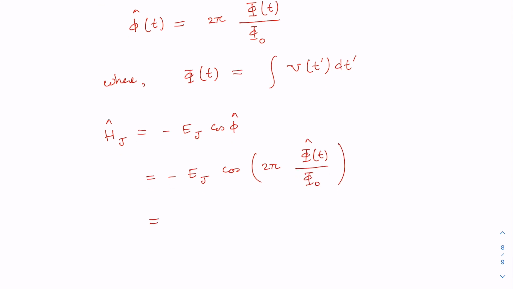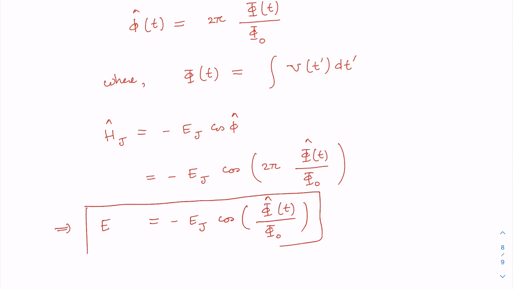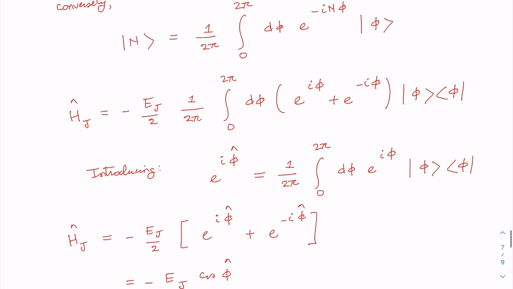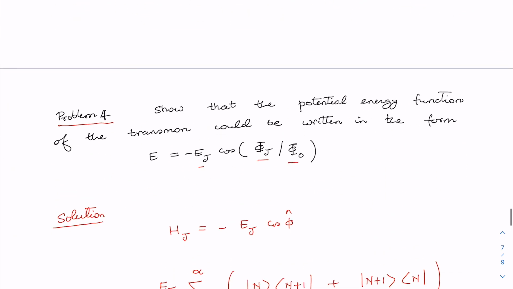This I can simply write as minus Ej cosine of the magnetic flux operator divided by the flux quantum phi 0. In fact, this is the required energy function. It is part of the Hamiltonian, but it is nothing but the energy function that we were asked to work out.